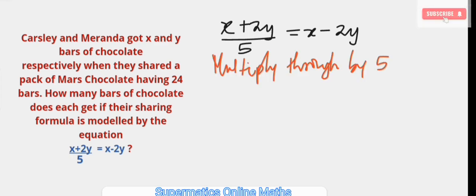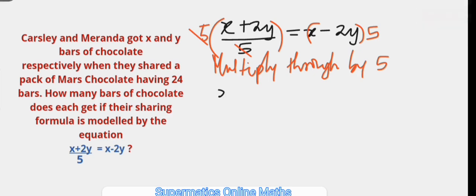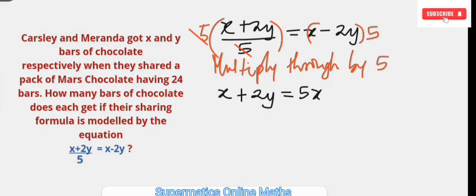When we multiply the left-hand side, it's going to cut out the 5 in the denominator, leaving us with only the numerator, while on the right, 5 will also be distributed over x - 2y placed in parentheses. This means that we've got x + 2y on the left, and on the right, distributing 5, we've got 5x - 10y.